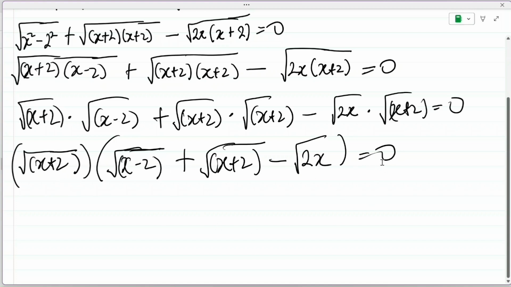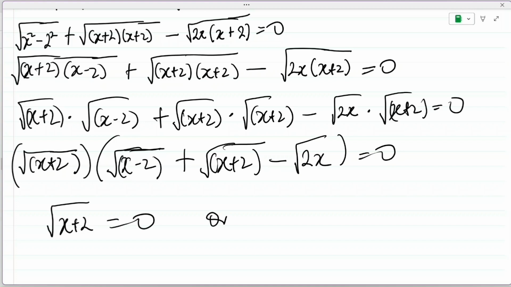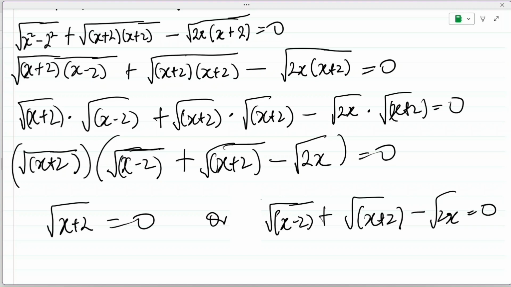We also equate this to 0. It's allowed in math. Note, at this point you can do it. It's explained in the previous method. You have square root of x plus 2 equals 0. That this value equals 0. Or you have square root of x minus 2 plus square root of x plus 2 close bracket minus square root of 2x equals 0.